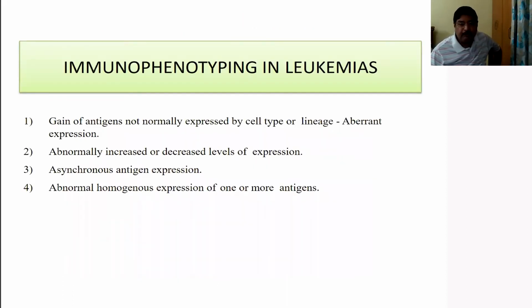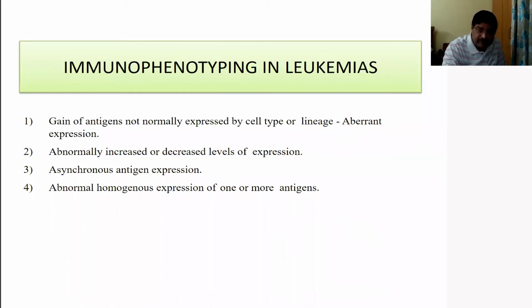So immunophenotyping in acute leukemias is very important. It is an inescapable requirement for the diagnosis of acute leukemias because the antigenicity of the cells is important in the diagnosis. In terms of the aberrant expression of CD markers, the levels of expression, mild, moderate, or dim, asynchronous antigen expression.